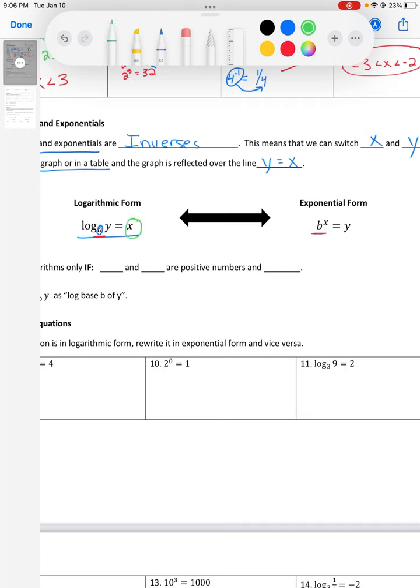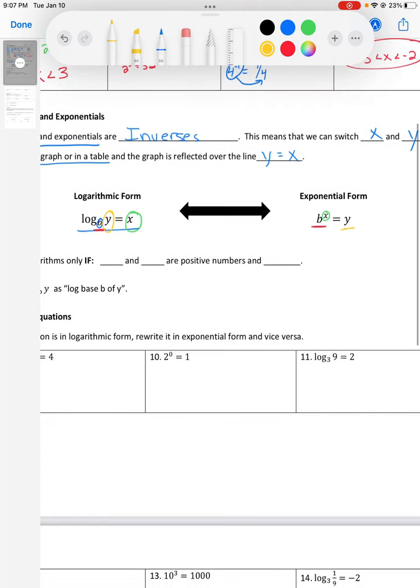The answer of the logarithm is the exponent. And what we're taking the log of is the solution for the exponent. Okay, so you need to know how to go back and forth. So where the base is, which values are the exponents, and which ones are the solutions.